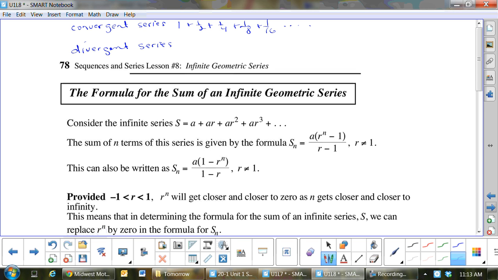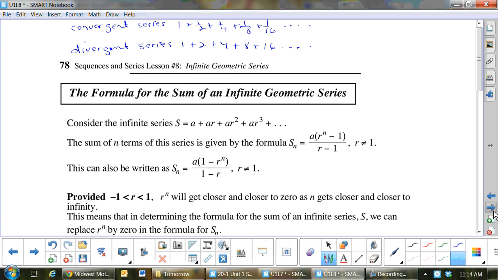Now this is what a divergent series looks like. 1 plus 2 plus 4 plus 8 plus 16 dot dot dot. Okay? So you need to know the difference between them.